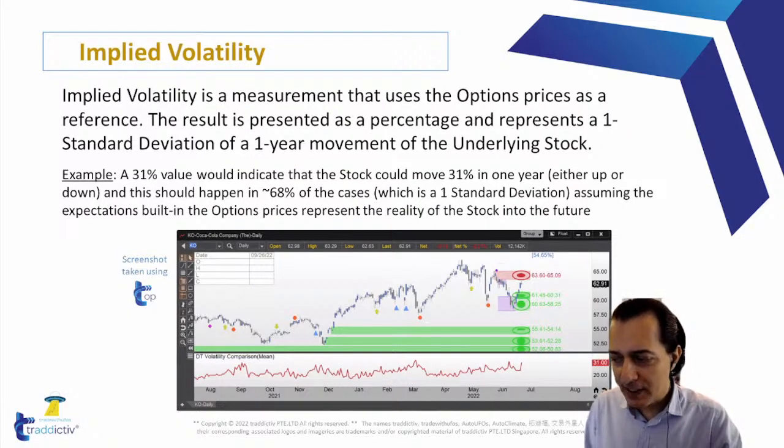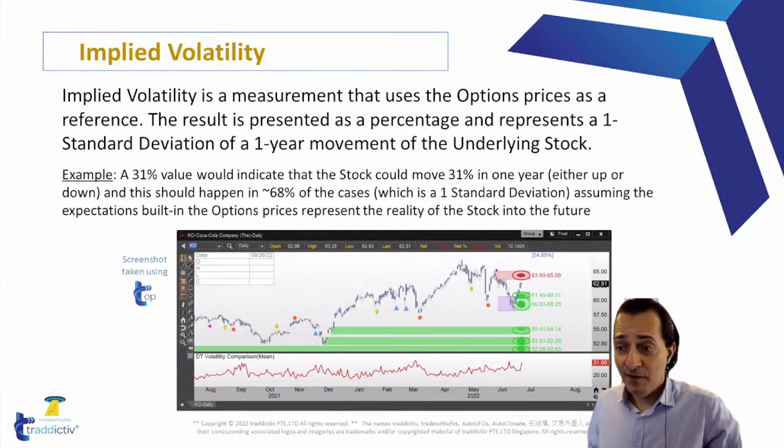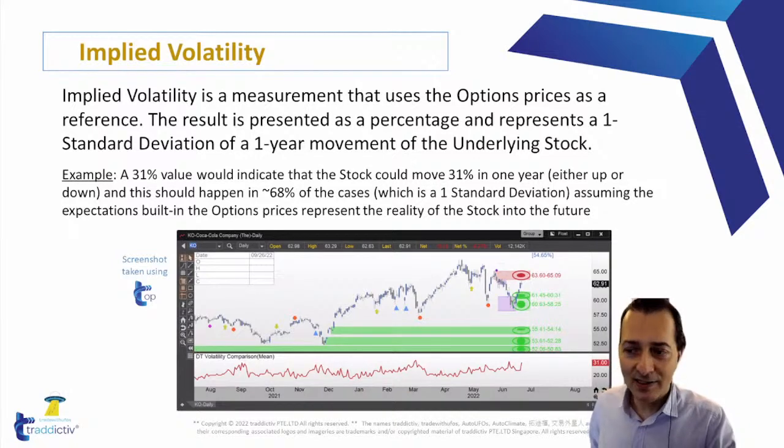But based on the options prices right now, people are expecting Coca-Cola to move at a rate of 31, which is not double, but almost double the fastest speed Coca-Cola has proven capable of moving at. In other words, those options are very, very expensive, my friends. The options buyers at this moment expect Coca-Cola to move at a rate of 31, where the fastest rate it has proven is 18 point something.